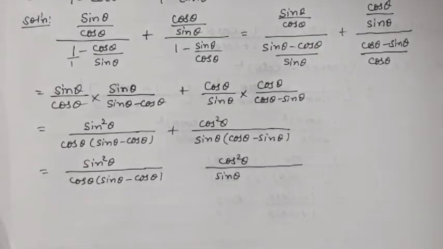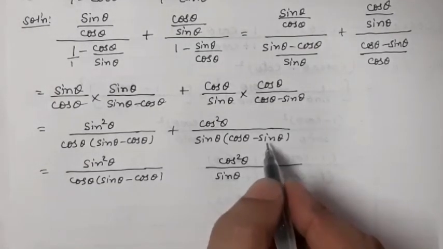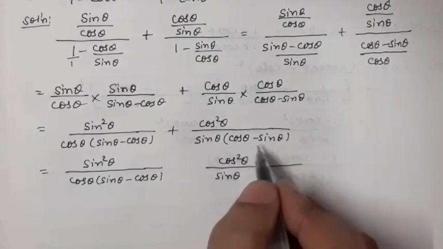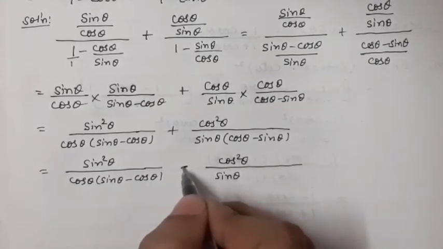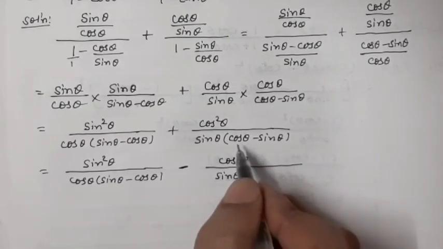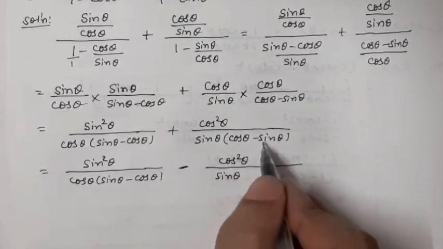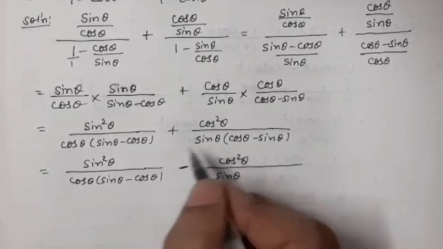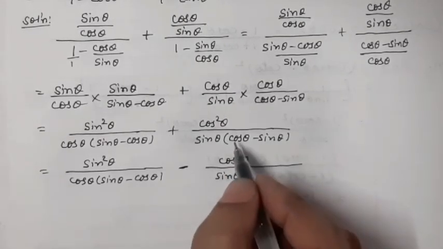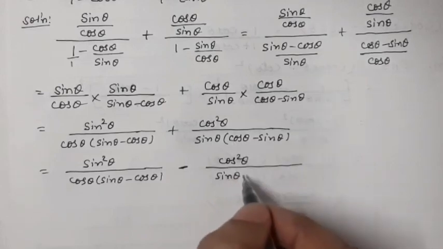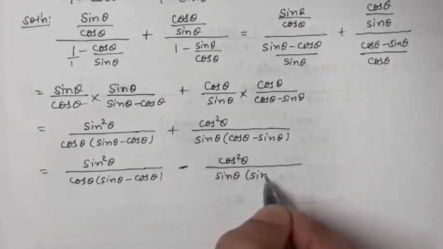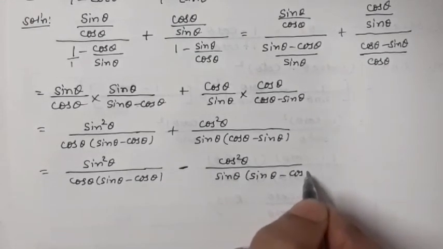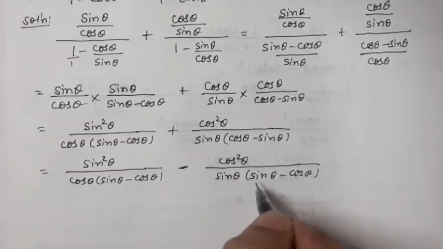Now what I am going to do, I am taking the minus sign out from these two, then minus will be here. Then this will be minus cos theta plus sin theta. If I take the minus sign, then minus into plus, this will be minus. So I can write like this. This is the same as it is, minus cos theta plus sin theta.